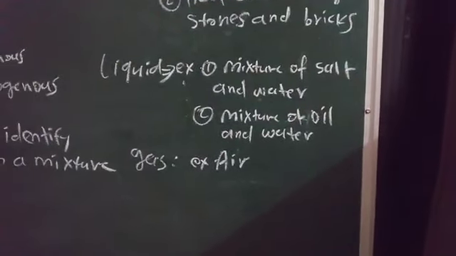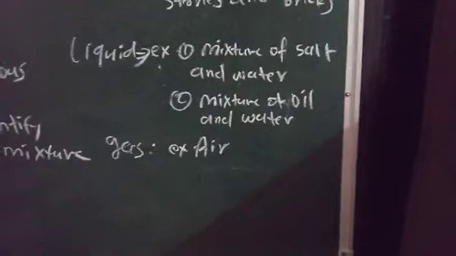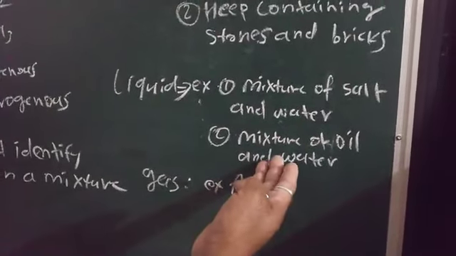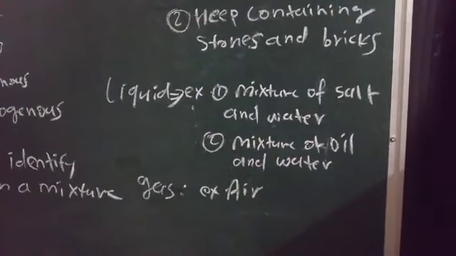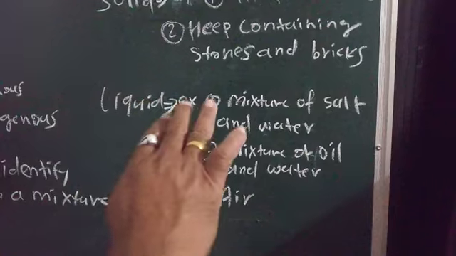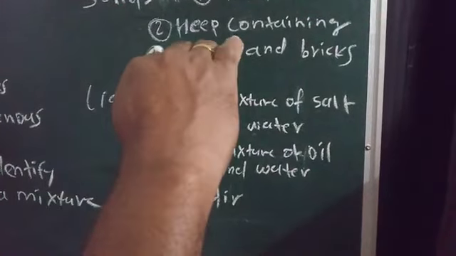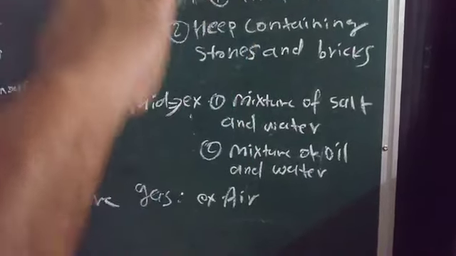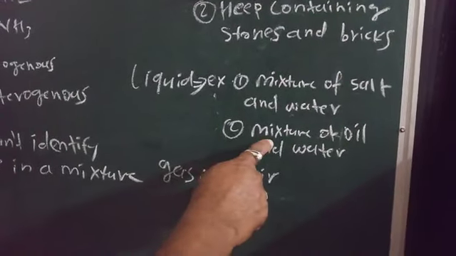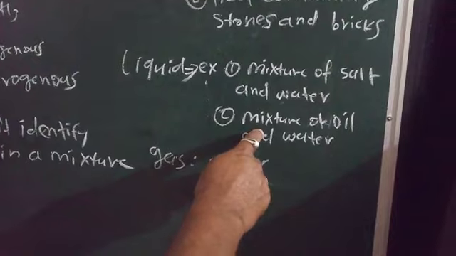We can do the activity again in a glass of water. When we pour the oil, we will see that the upper layer is oil and the lower layer is water. So this type of mixture is called heterogeneous.